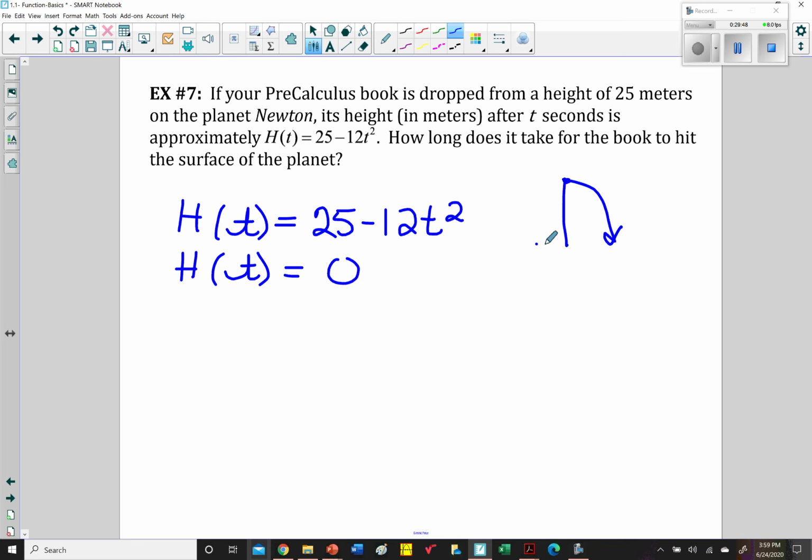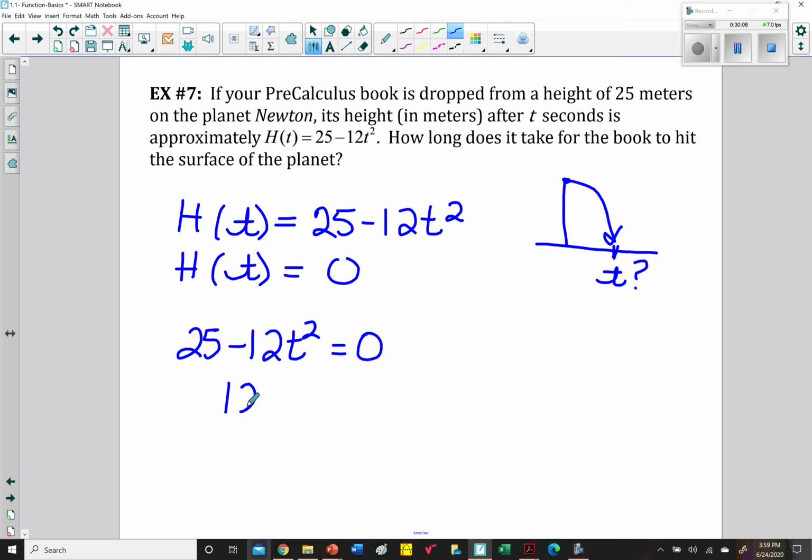So I'm thinking about, when is that time? What time is that where that book hits the planet? Since they both represent h of t, let's solve the function for 0.